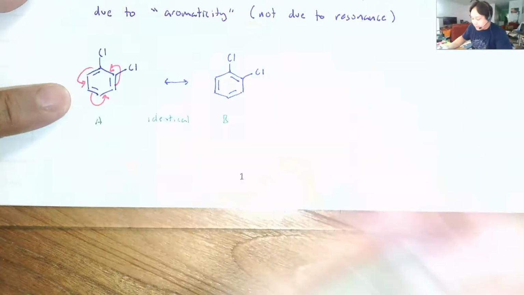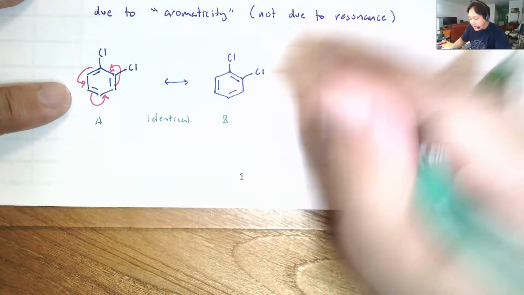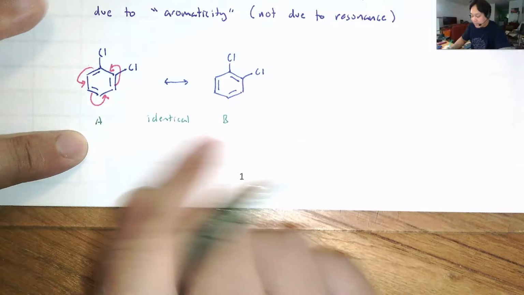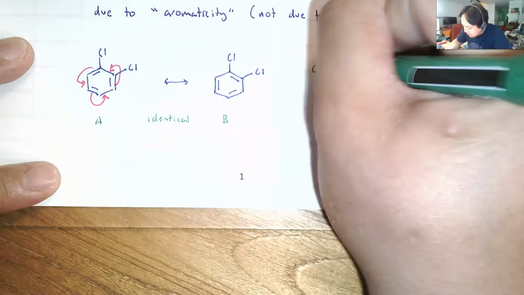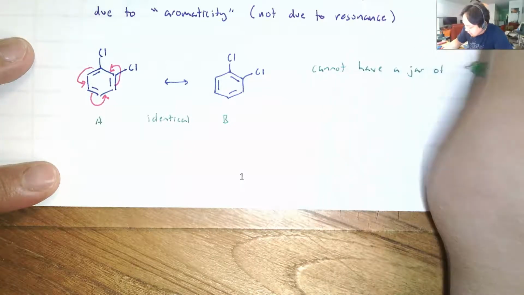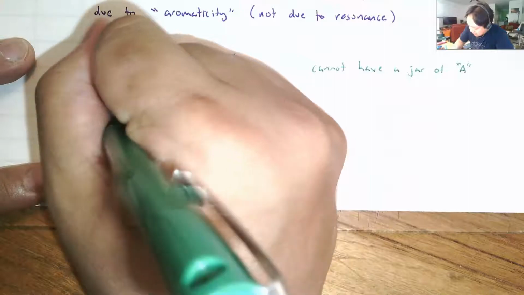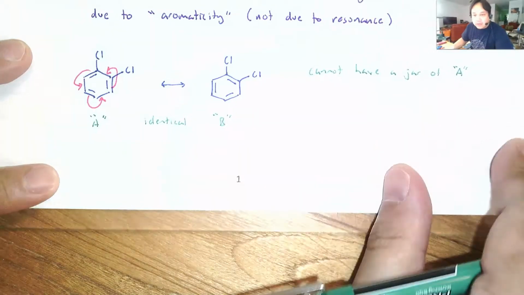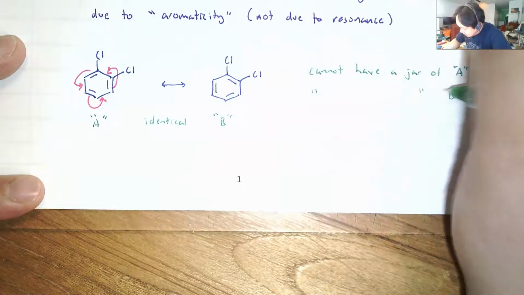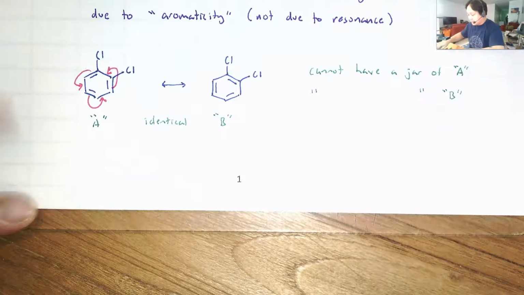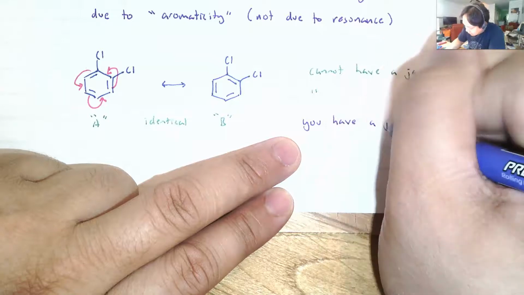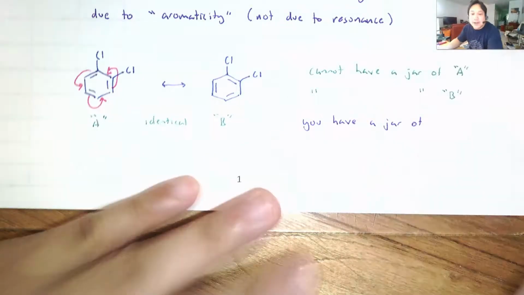And because they're identical, there is no such thing as being able to isolate A from B. So you cannot have a jar of A, nor can you have a jar of B. What do you have a jar of? You have a jar of the resonance hybrid.